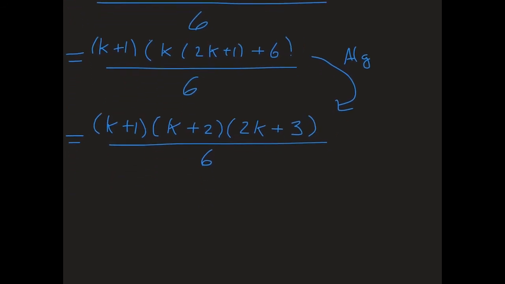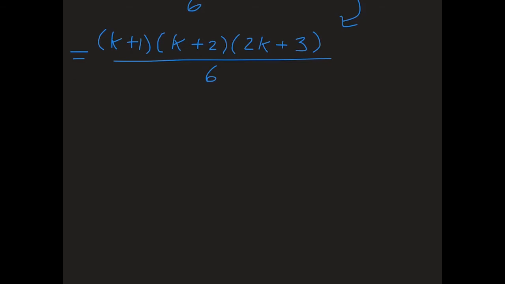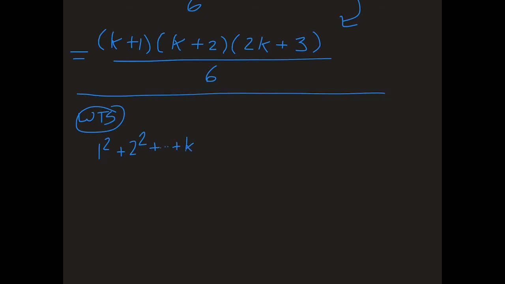Let me set this up so I can slide everything up and then talk about why this means we're done. We originally said we wanted to show that 1 squared plus 2 squared plus ... plus (k plus 1) squared was equal to (k plus 1) times (k plus 1 plus 1) times (2 times (k plus 1) plus 1) all over 6.